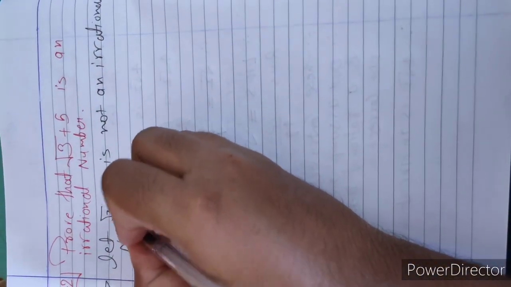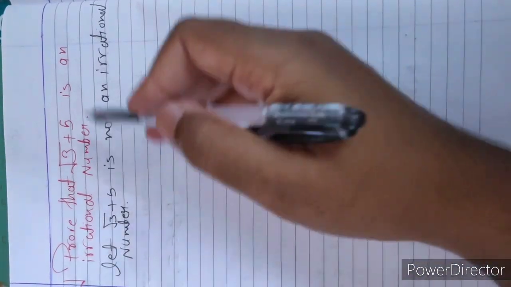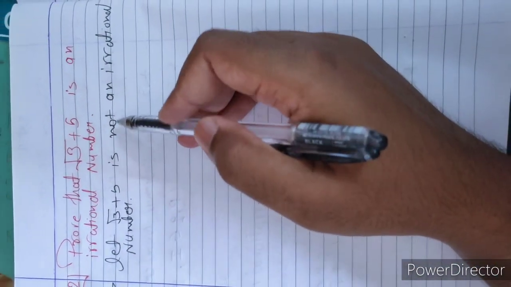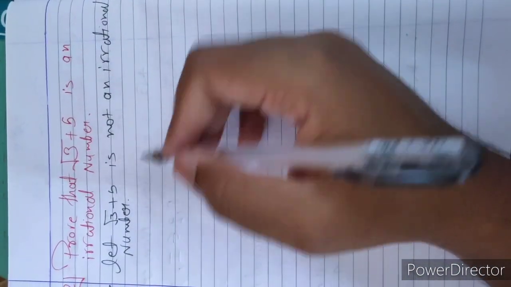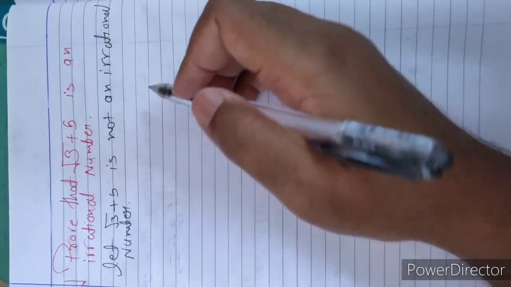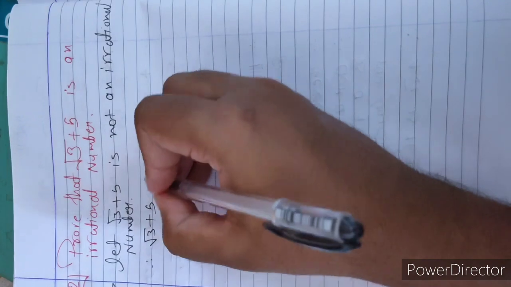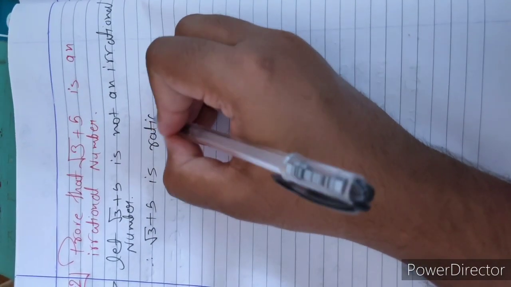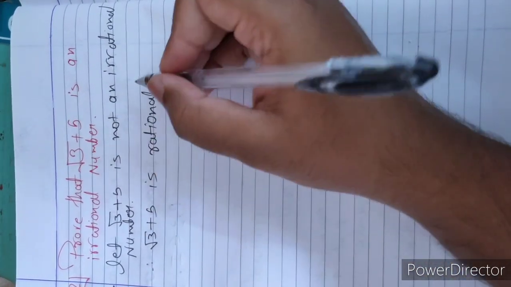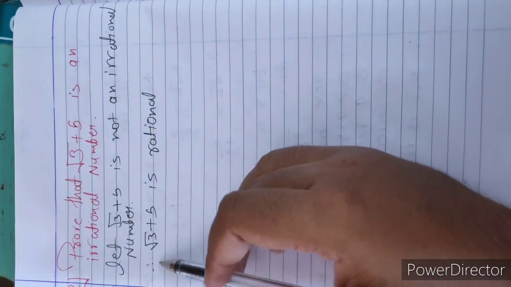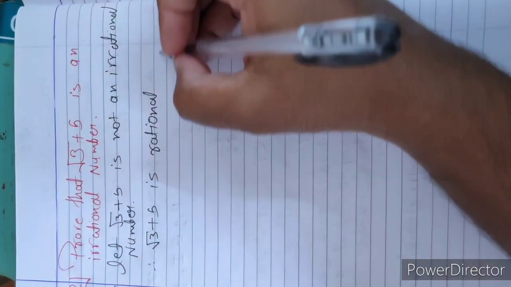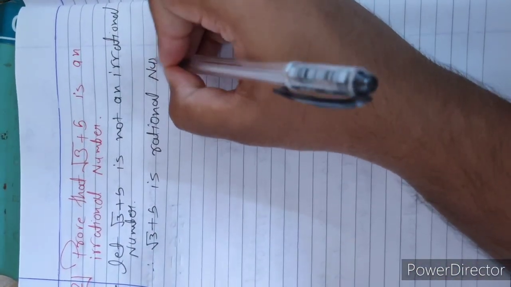If it is not an irrational number, then it is a rational number. So we are assuming that root 3 plus 5 is a rational number.